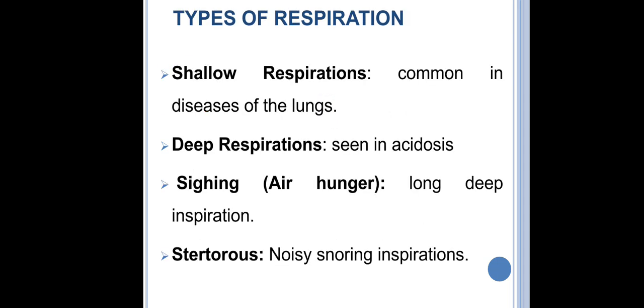So we can also see some types of respiration, like shallow respirations, common in diseases of the lungs, and deep respiration, seen in acidosis. Acidosis is when toxic acids are too much in the blood. Once toxic acids are too much in the blood, they accumulate the product of carbon dioxide, because the red blood cells can no longer have the affinity for carrying oxygen.